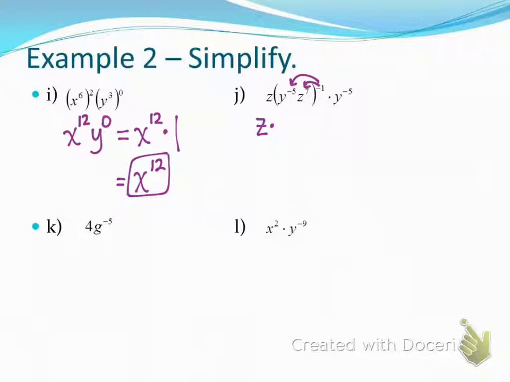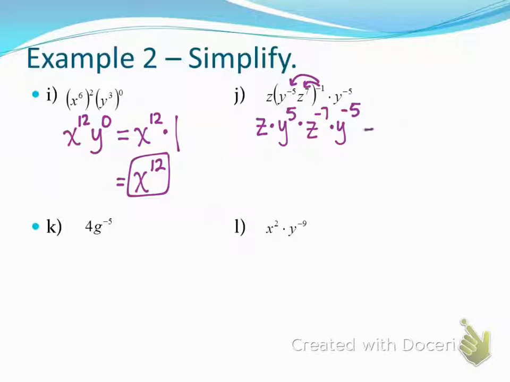If I take a power to a power, what do I do with those exponents? Multiply them. So we've got -5 times -1. +5. Y to the 5th. We have z to the 7th to the -1st. 7 times -1 is -7. And then on the end, we still had y to the -5th. Those are all getting multiplied together.